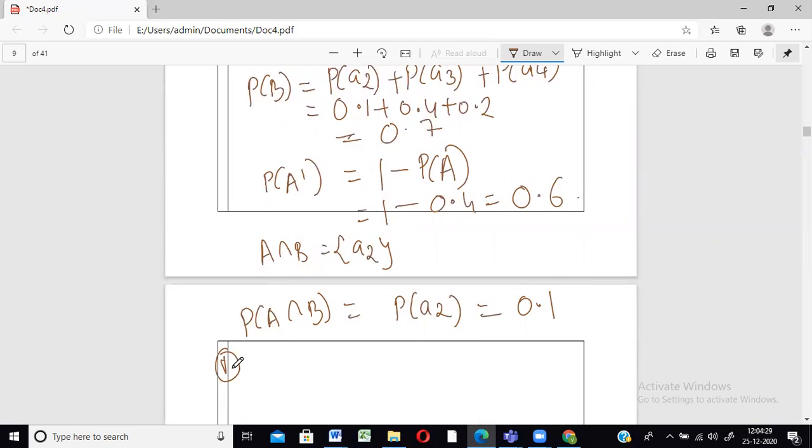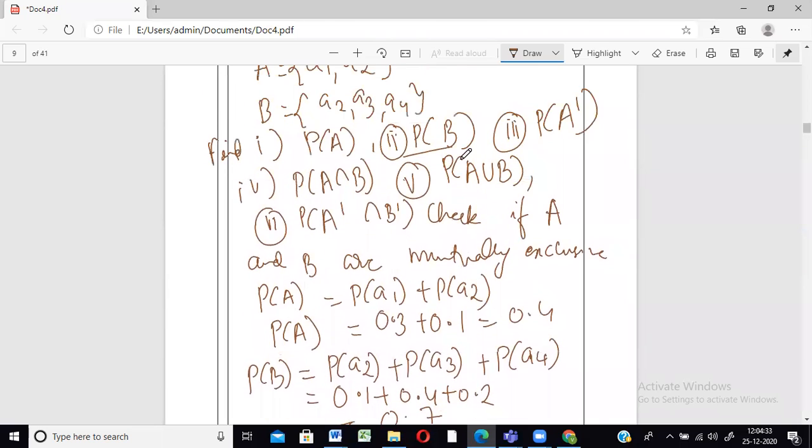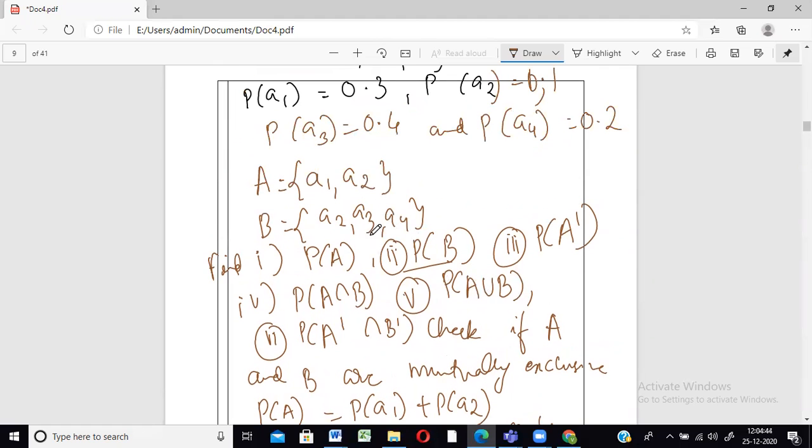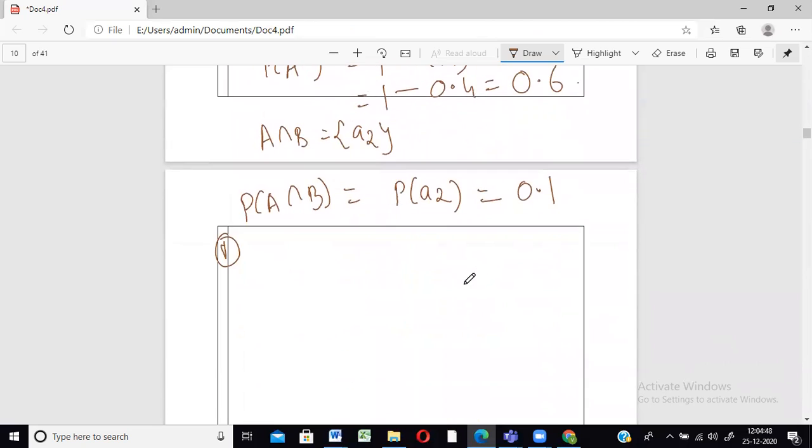Another, fifth one. They had asked us to find probability of A union B. So we are first taking out A union B and then we'll find out the individual probabilities. Okay. A union B means the combination of both, right? A1, A2, A3 and A4. So let's list the elements in A union B first.